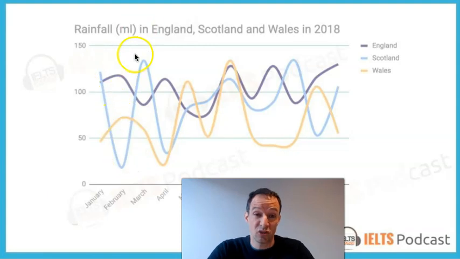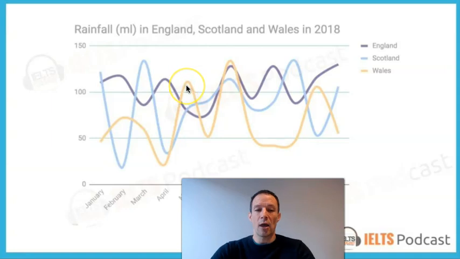Here, we've got some extreme fluctuations, so that's definitely worth pointing out. Overall, we can definitely see that there's no clear trend here at first glance. So that is the trend, that there is no clear trend.